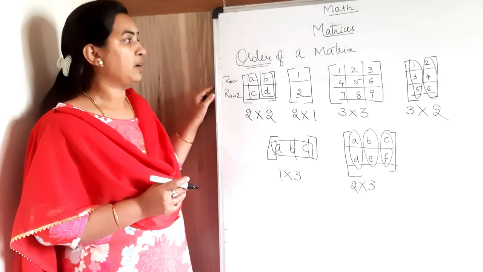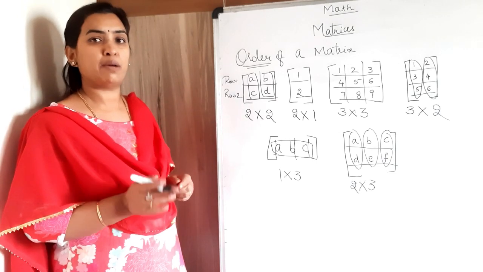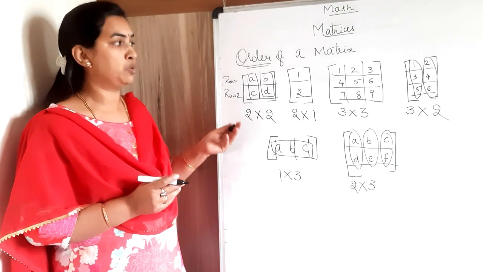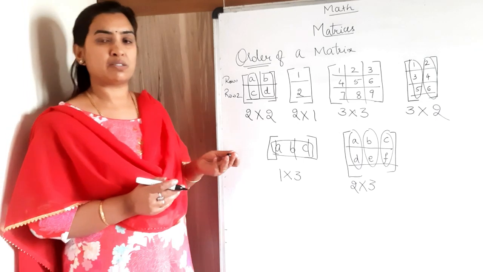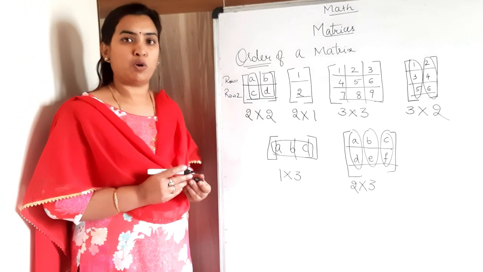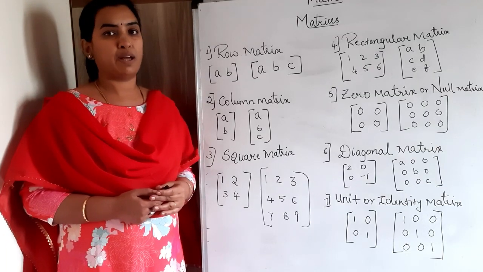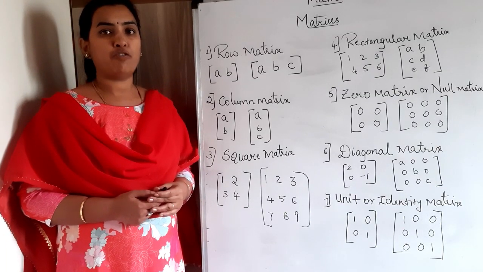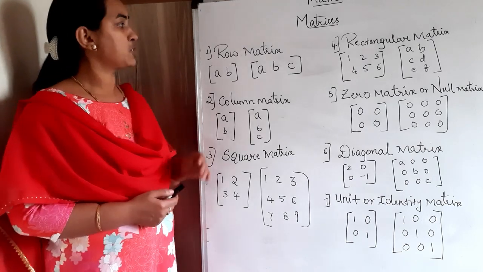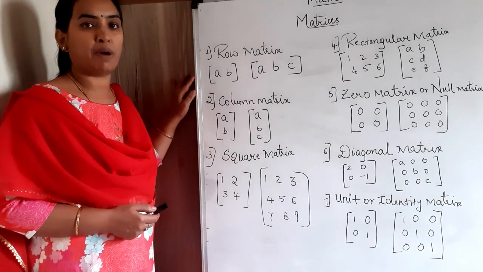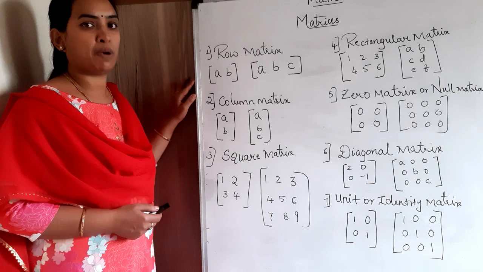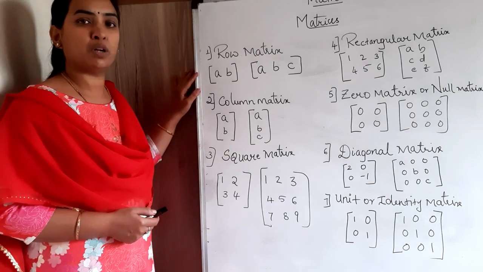Okay. Learning about the order of a matrix is very important because when you do the operations of the matrices, this will help you out. Next, let me explain the different types of matrices. The first one is a row matrix. In a row matrix, there will be only one row.